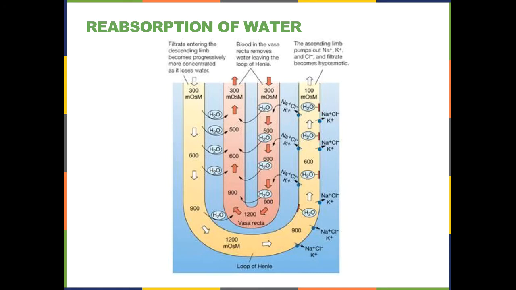The blood then removes the water, and at the same time, as it comes up the ascending limb, the electrolytes are pumped out so that the ascending limb becomes less and less concentrated. And so this is how the urine is concentrated. On one side is the reabsorption of water, and on the other side is the pumping out of electrolytes to allow this countercurrent exchange to occur.